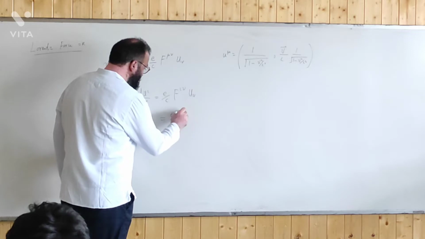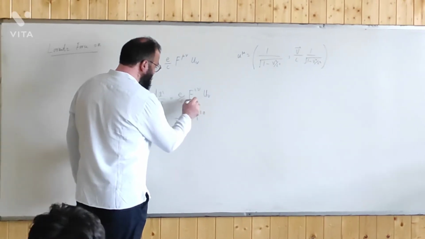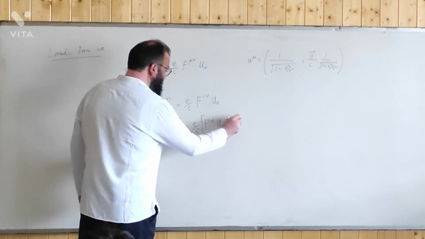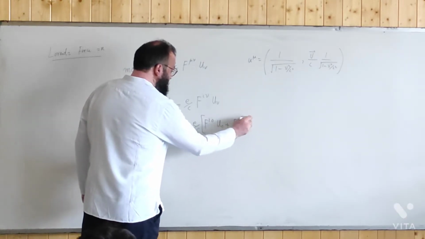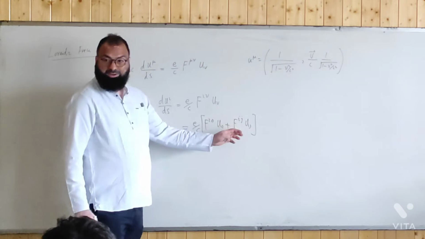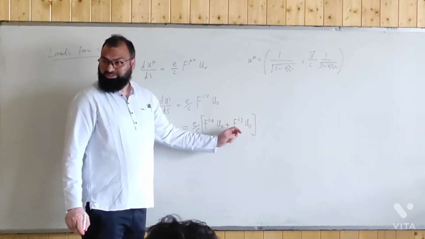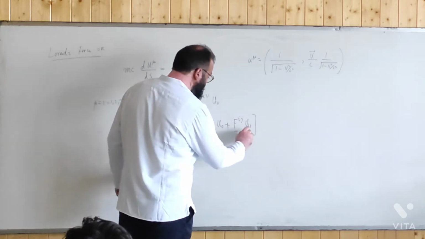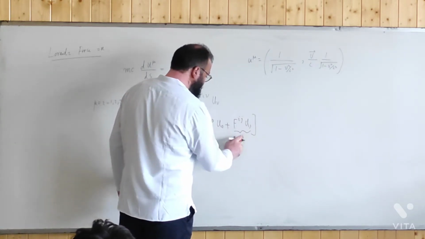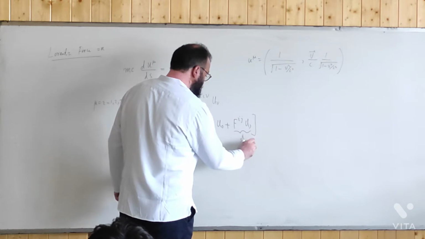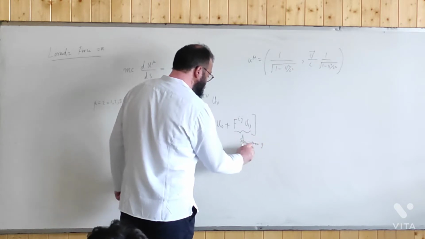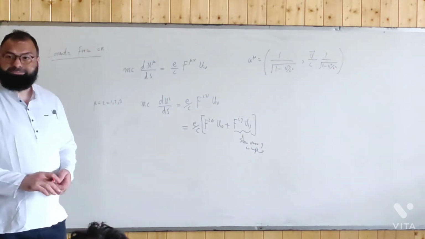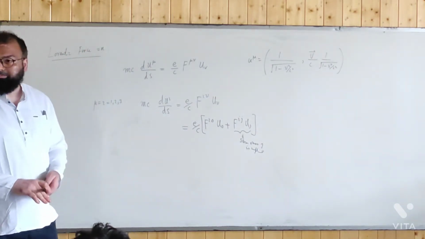For nu, let's take 0 first. The second term is F^ij u_j, where j is a spatial component, so there is a sum over j in this case. Clear? Any problem?